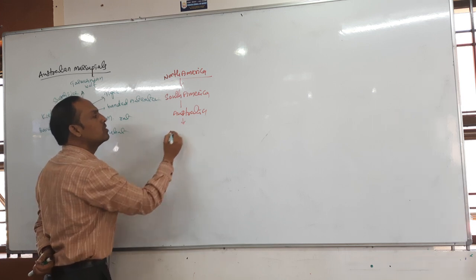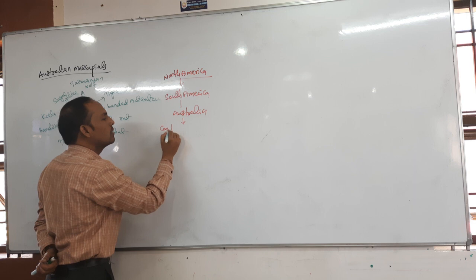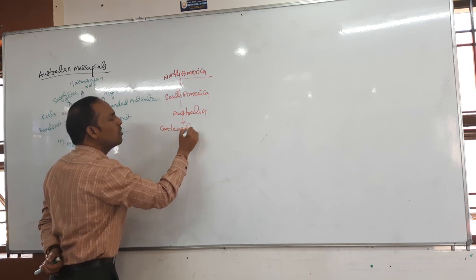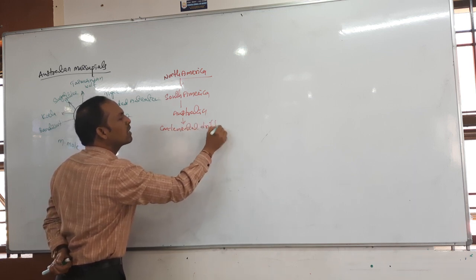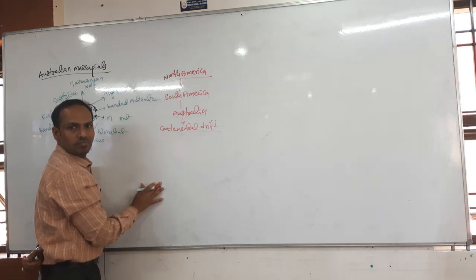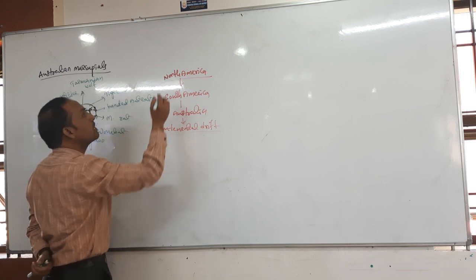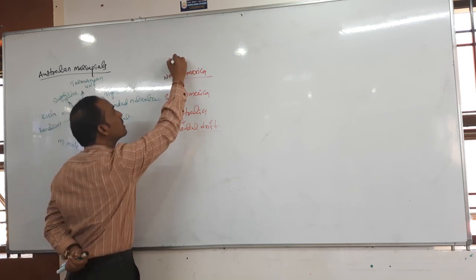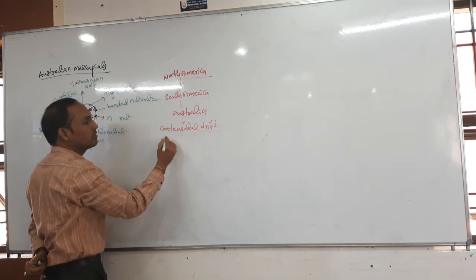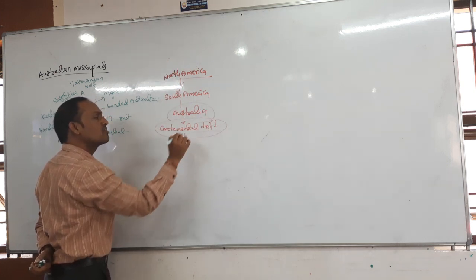Later, Australia, due to continental drift, completely separated. After that, these Australian marsupials, due to the continental drift, were completely restricted to Australia only.